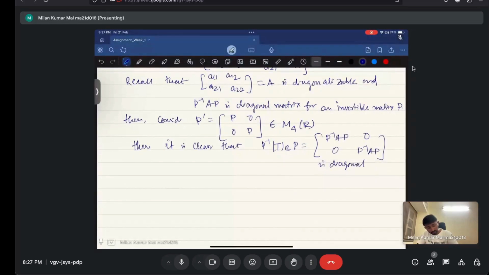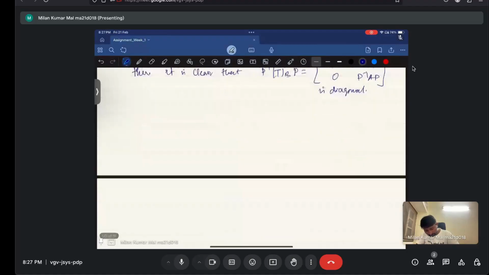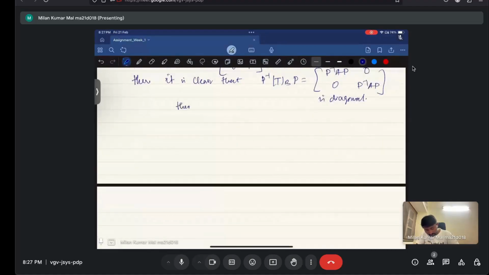Therefore T is diagonalizable. So this is one option, so that is saying that option D is correct.